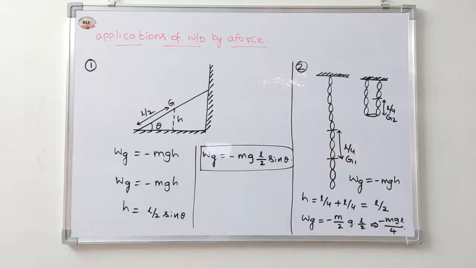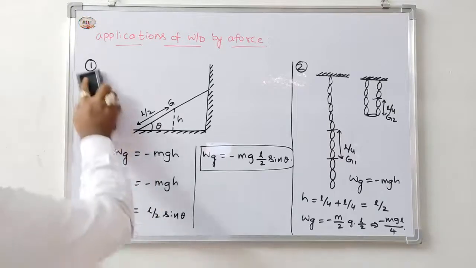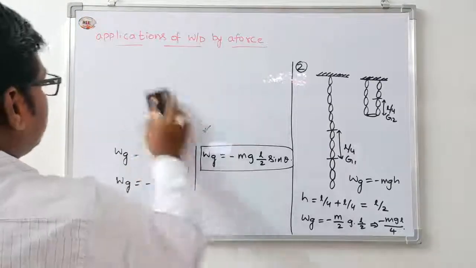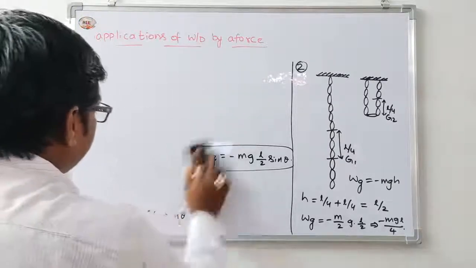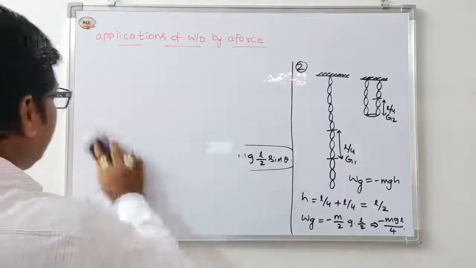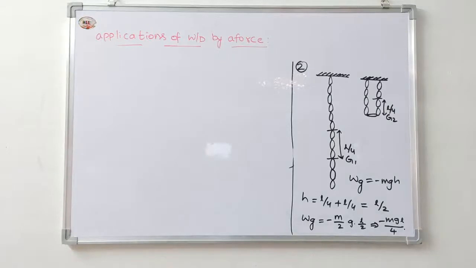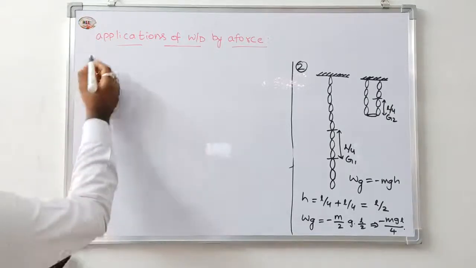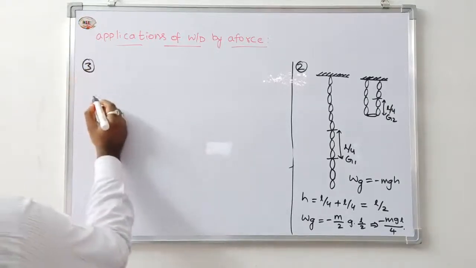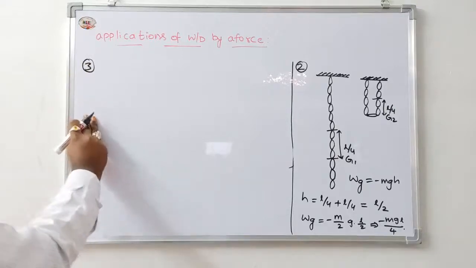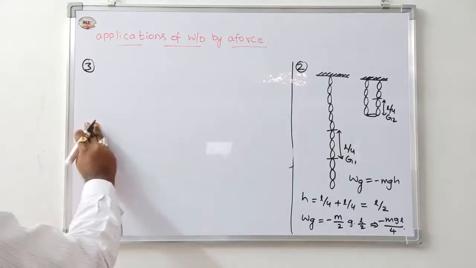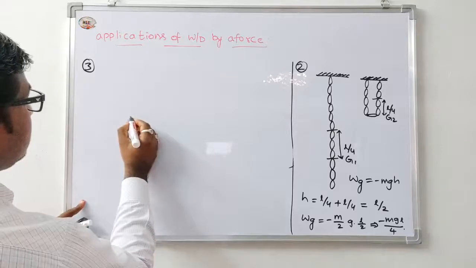Next, third application: a uniform chain of mass m and length l rests on a table.